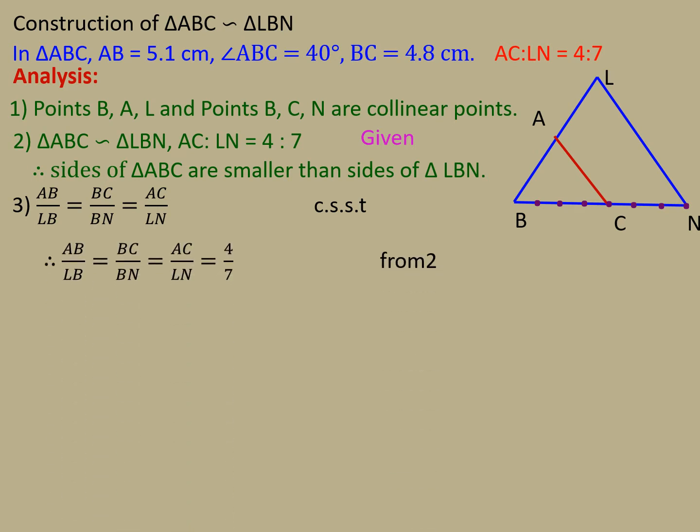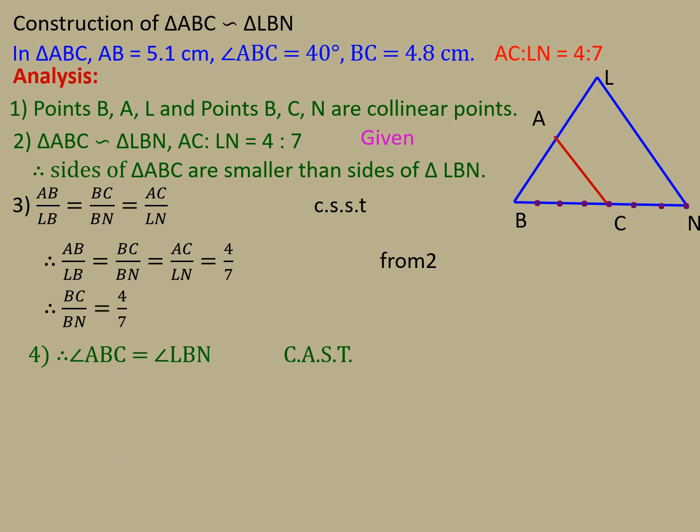Also AB upon LB equals BC upon BN equals AC upon LN equals 4/7, because it is given to you in the second point, AC is to LN is 4:7. Therefore we can say BC upon BN equals 4/7. So that's why BN is divided in 7 equal parts.